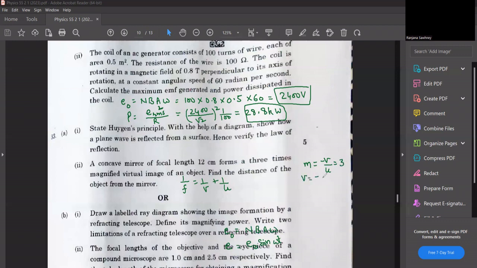So V is equal to minus 3U. So simplifying it, what do we get? Substitute it over here, 1 upon F, 1 upon 12, as it's a concave mirror, so the focal length will be negative. V here is minus 3U plus 1 by U. So on simplifying, you get U is equal to minus 8 centimeter.